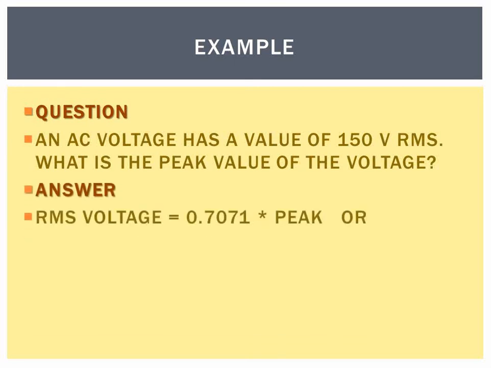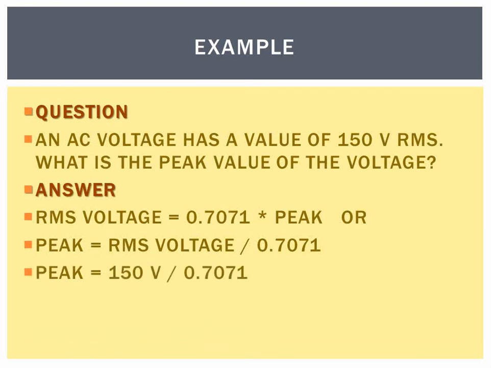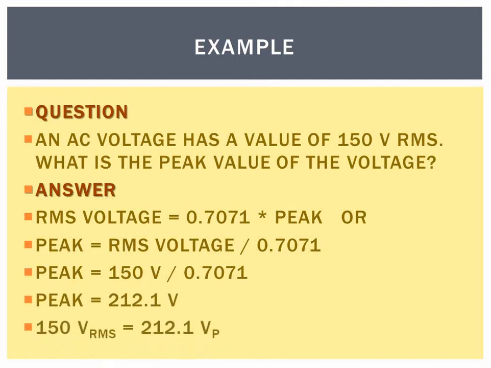So if the RMS voltage is equal to 0.7071 times the peak, or we could say that the peak voltage is equal to the RMS voltage divided by our factor, then in our example here, the peak voltage is equal to 150 volts divided by 0.7071, and we get a peak voltage of 212.1 volts. So 150 volts RMS is equal to 212.1 volts peak.